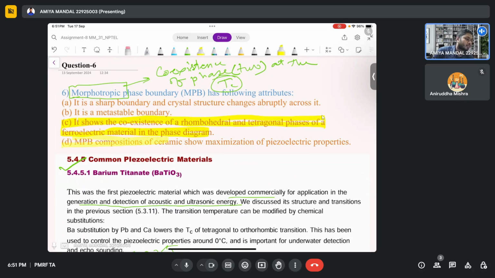Morphotropic phase boundary composition of a ceramic shows maximization of the piezoelectric property. This is very important. So the morphotropic phase boundary shows the coexistence of rhombohedral and tetragonal phases under morphotropic conditions.